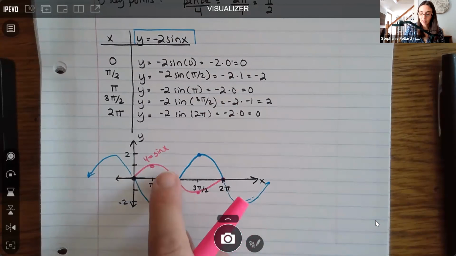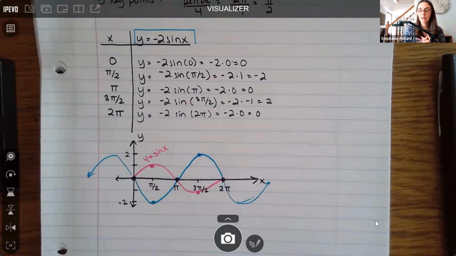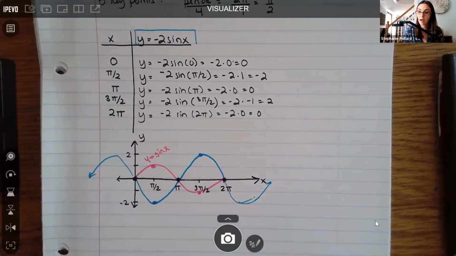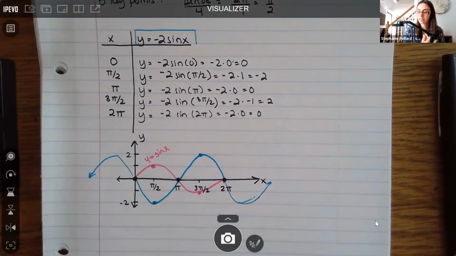And instead of it being the min, it went to the max. So a negative out front will cause that flipping action. And again, if you remember your transformations from a previous algebra class, then we would know that already. But if you haven't seen it in a while, know that the negative out front will cause that flipping. So it's always good habit just to kind of check your y values, particularly if you haven't done your transformations in a while. But if you remember those, it'll just make the process much quicker for you or just easier to understand as well.